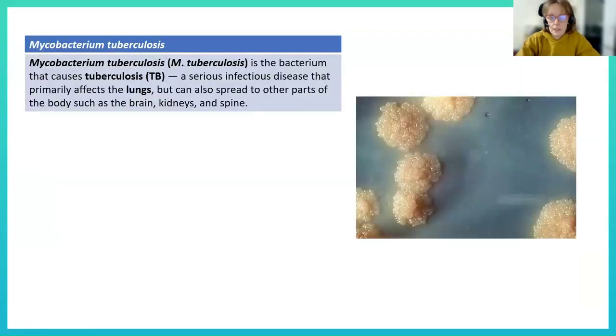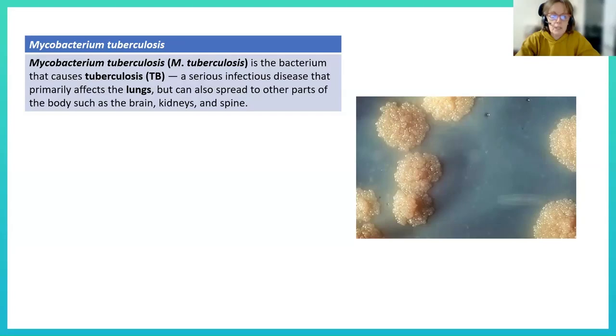So another bacterium that we're asked to know about on some of the units on this course is tuberculosis. Mycobacterium tuberculosis is the full name. When you're writing out Latin names of species, like Homo sapiens, which is humans, or Mycobacterium tuberculosis, which is this bacterium which causes TB, you write it in italics.